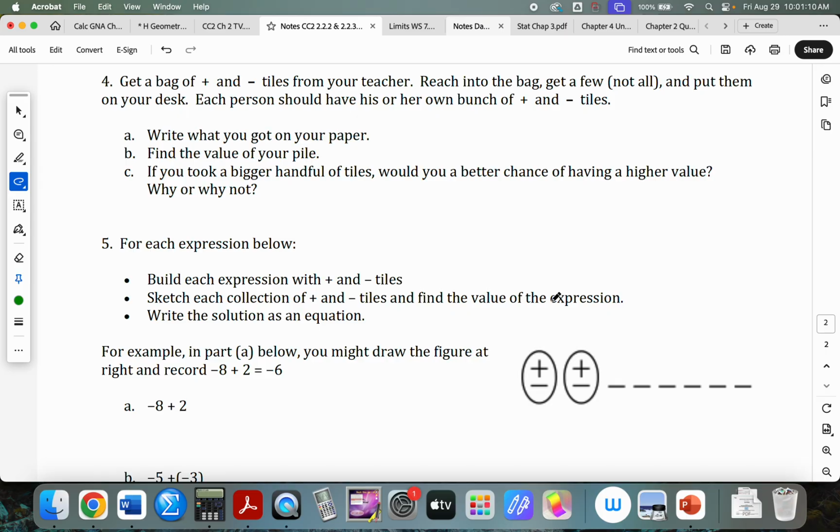So have you drawn it yet? You can't draw it if you turned around. Okay, so draw the 4 pluses on your paper. Right here? That'd be great. You don't have to draw the whole thing, just draw a plus sign, just like they did up here on the screen.